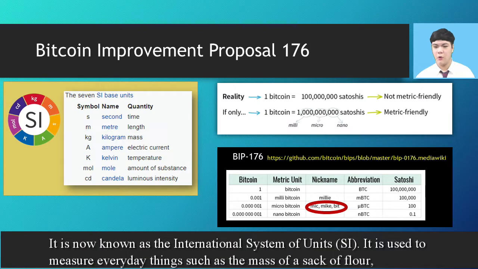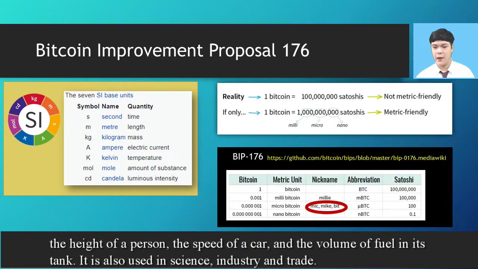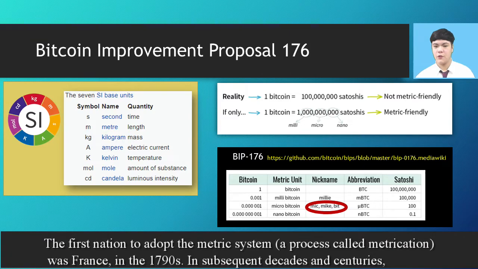It is now known as the International System of Units, SI. It is used to measure everyday things such as the mass of a sack of flour, the height of a person, the speed of a car, and the volume of fuel in its tank. It is also used in science, industry, and trade. The first nation to adopt the metric system, a process called metrication, was France in the 1790s.